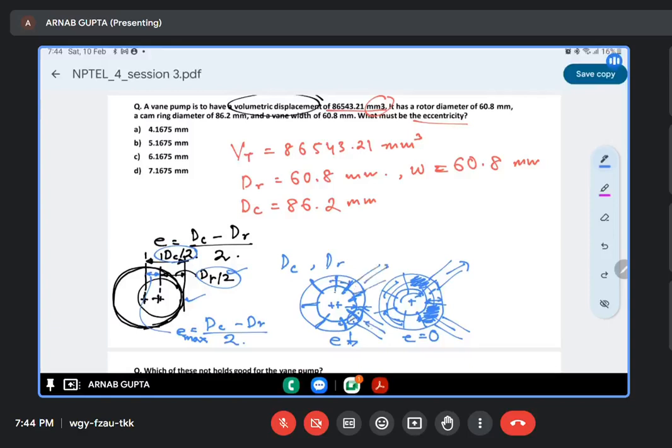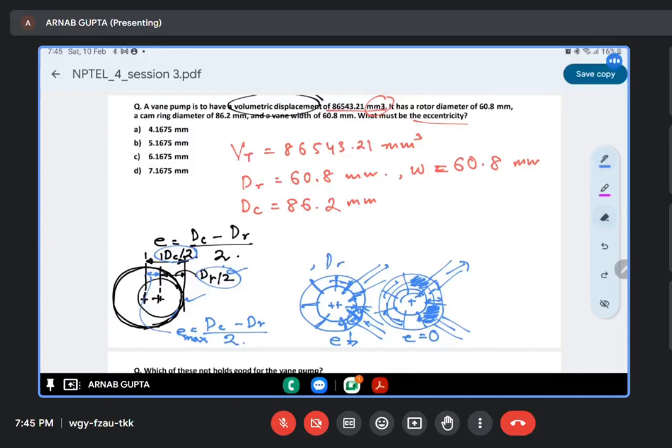But since the eccentricity is less, the difference between the volumes of this pocket will be less, and hence the amount of suction pressure will be less. So the discharge will also be less. In this case, the eccentricity is maximum. So the suction pressure and the discharge pressure created will be more, and hence the value of Vt will be more.